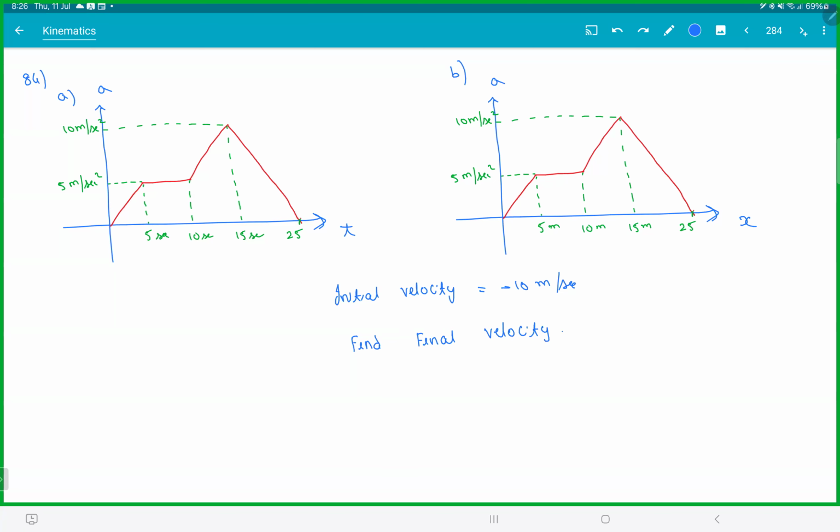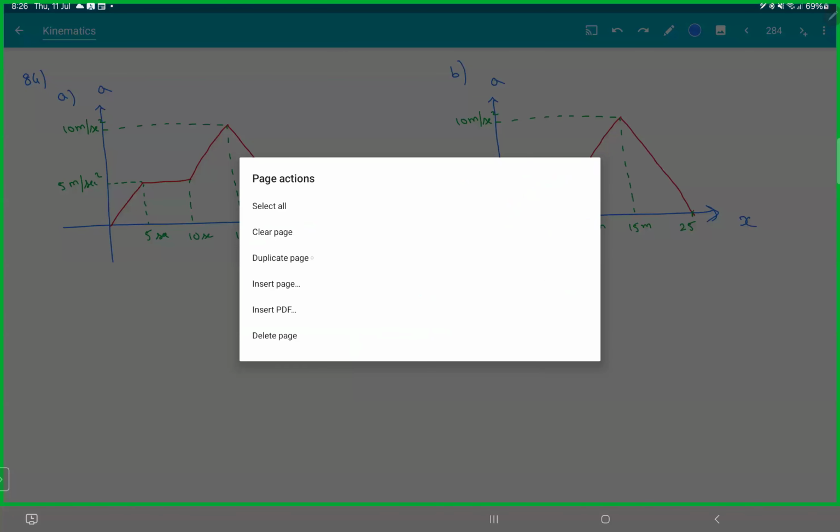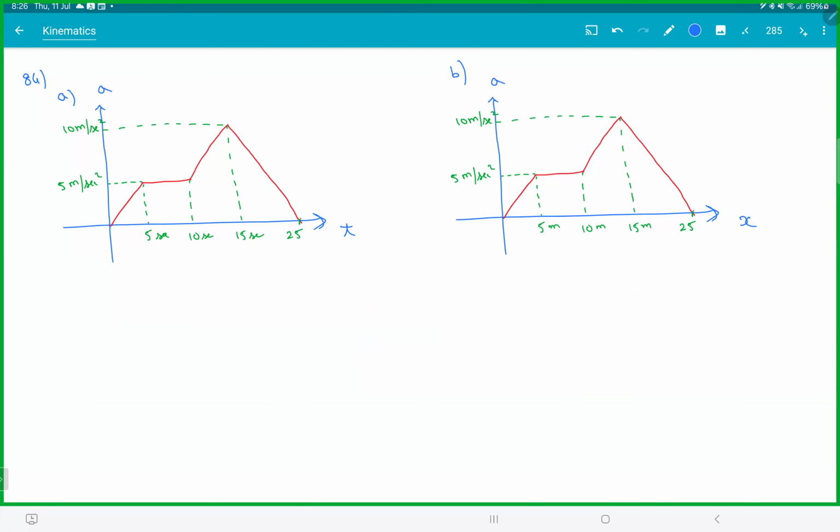Okay, did you find the area under this thing? Let's find the area under this thing. So this small area is half into 5 into 5, 25 by 2. This would be 5 into 5, 25.